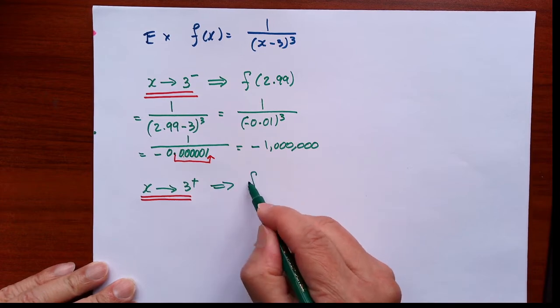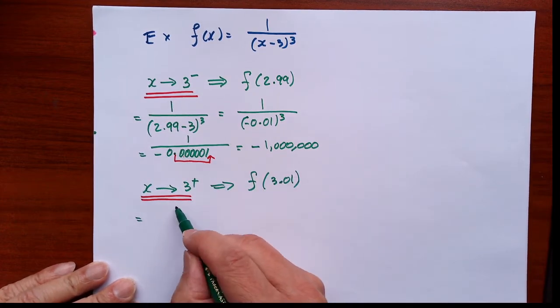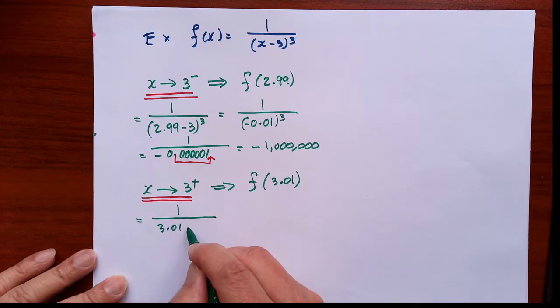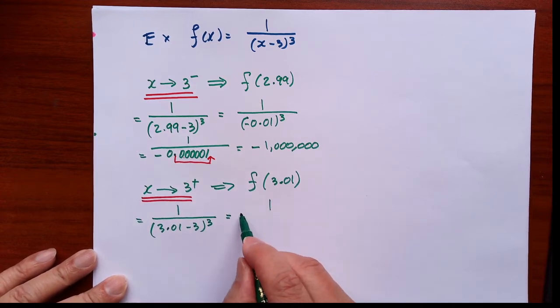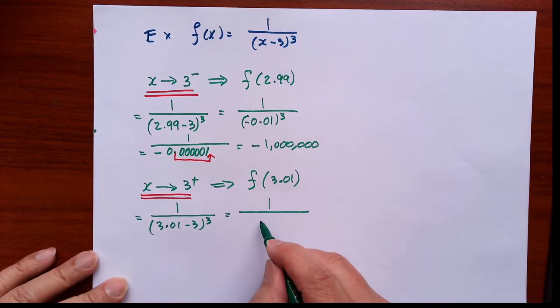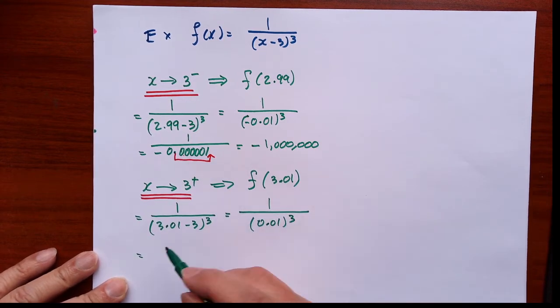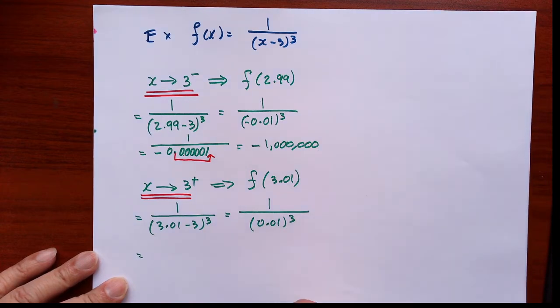Then we have the function 3.01, that's equal to 1 over 3.01 minus 3 cubed equals 1 over 0.01 cubed. It's the same value except there's no minus, so just plus 1 million.